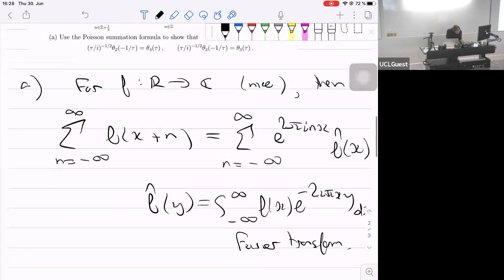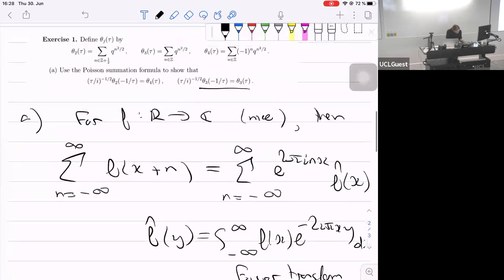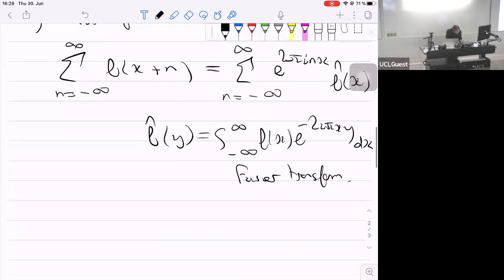So we want to use this, and I will use this to check this transformation property for θ3. It's the sum of q to the n squared over 2 over all integers.